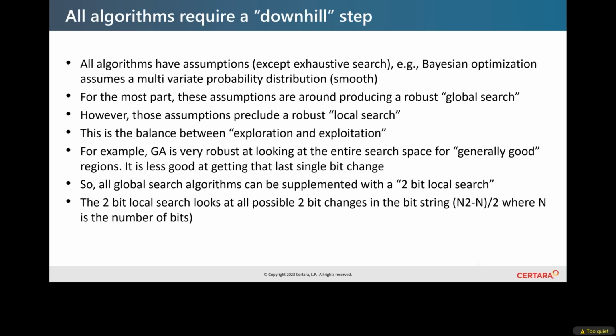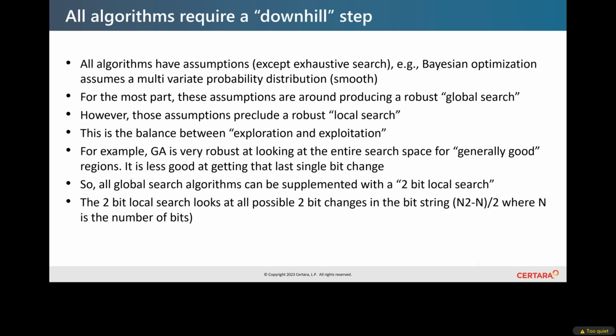So we found that all these algorithms can be supplemented with a local search that in some ways looks much like what humans do. It makes one change at a time and then looks at whether that change made the model better. We do this one change at a time, but we also do it two changes at a time. We found that's also important, that the inconsistency of the local search space, in fact, is not downhill.